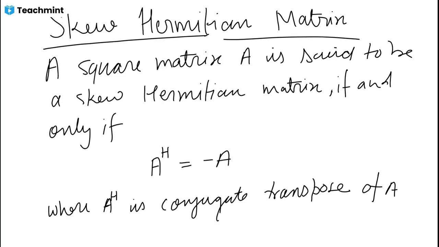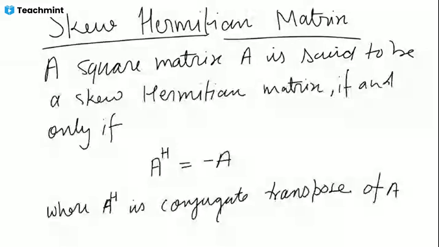Okay. So now let us take one example to understand this well. You got this definition? Or shall I explain you again? Got it, ma'am. Okay. So let us take one example.